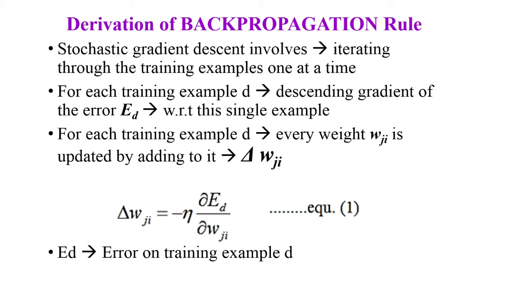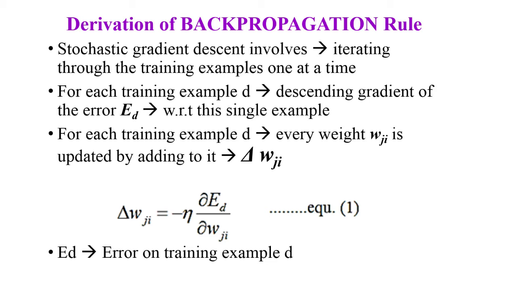For each training example d, every weight w_ji is updated by adding to it delta w_ji. Delta w_ji is equal to minus eta of derivative of total error E_d with respect to w_ji.